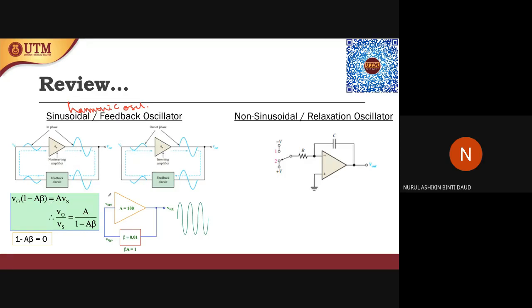In order for the oscillators to sustain the signal waveform, they must fulfill the Barkhausen criteria, which is A beta, or beta A, should be equal to 1.